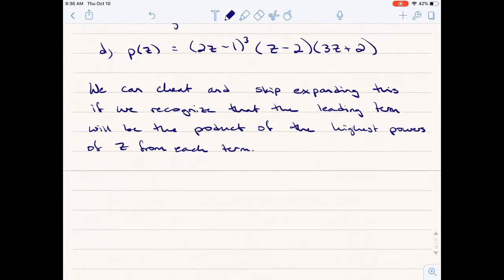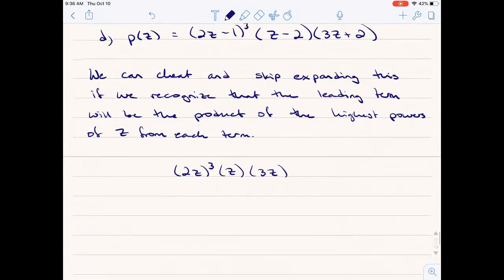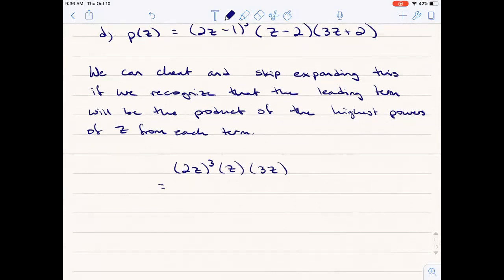Maybe it is term. So for example, 2z to the power of 3 times z times 3z is 2 to the power of 3 times z to the power of 3 times z times 3z.